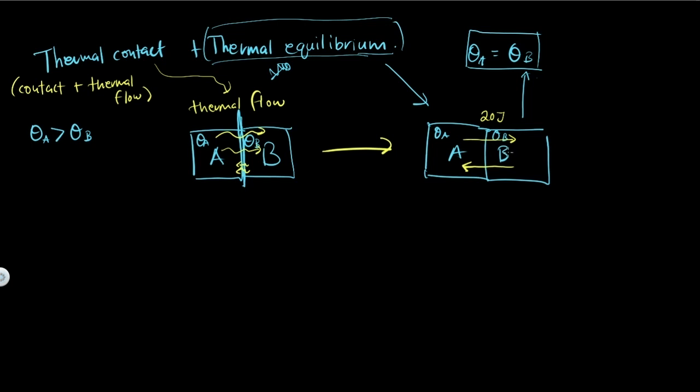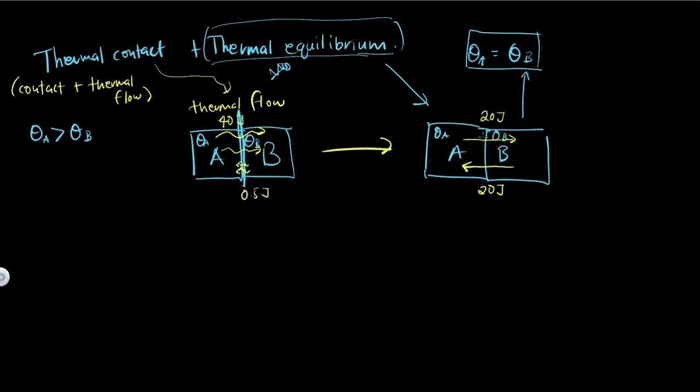At the same time, 20 joules of heat will flow from B to A. This is what happens when they reach thermal equilibrium. Initially, a lot of heat will flow from A to B, let's say 40 joules, while at the same time a small amount of heat still flows from B to A, 0.5 joules. Just for example.